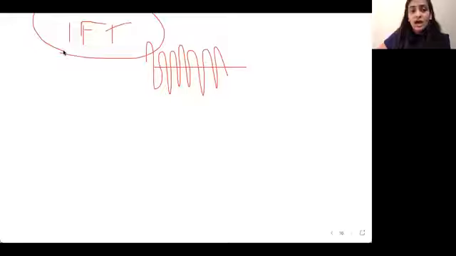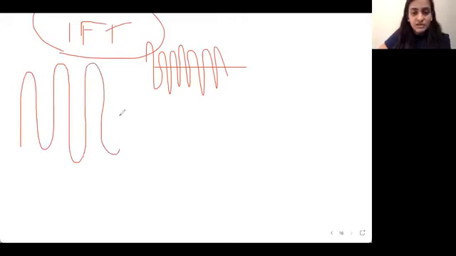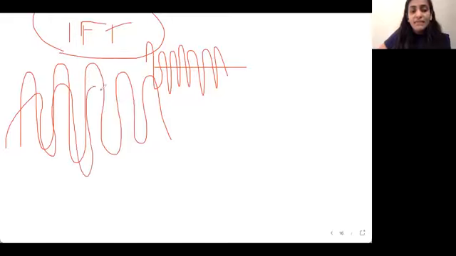What is IFT? IFT is basically when you have two waves that are medium frequency waves, okay, and they interfere with each other to form a low frequency wave. That is called an IFT. So it's an interferential current. So they interfere.